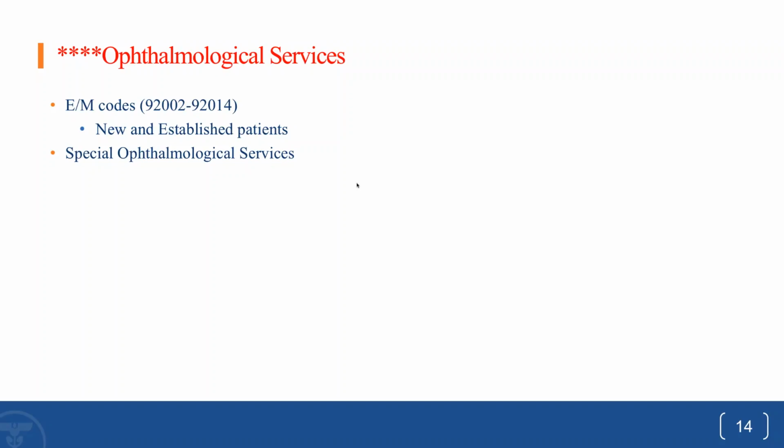Let's see where I want you to put a star. 90700. That's a DTaP. That's very common, right? All children get that, supposedly. Not everybody believes in vaccinations. But you can see it's a DTaP.